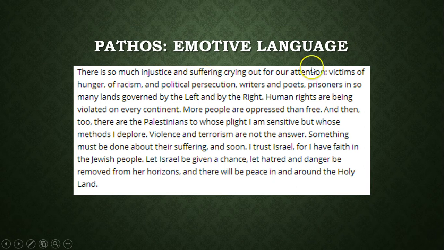He uses the words victims, hunger, racism, persecution, prisoners, violated, oppressed. So it's like there's this word bank of key words that relate to this idea, and he's drawn all the most powerful uses of those words together, and the impact of those is almost this barrage of powerful language, and it's hard not to relent underneath it, which is pretty cool.